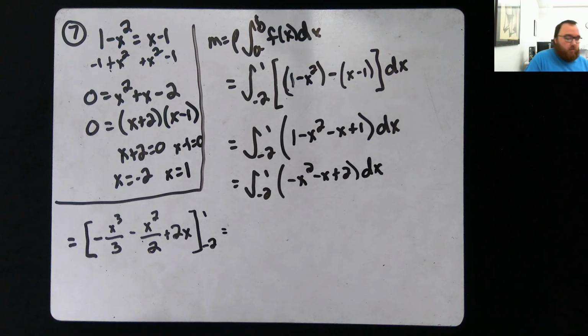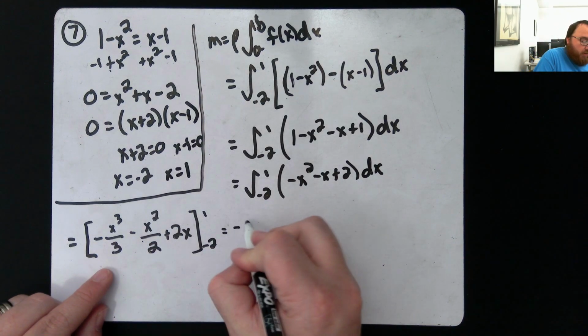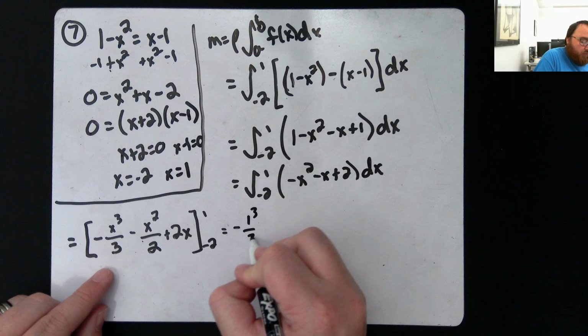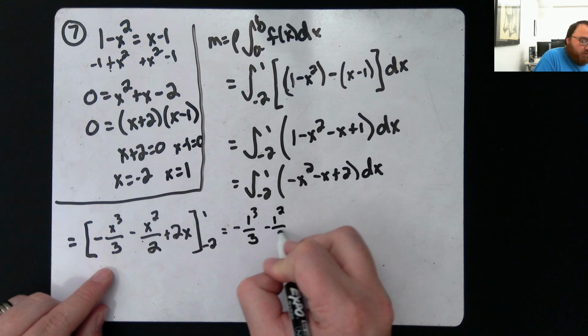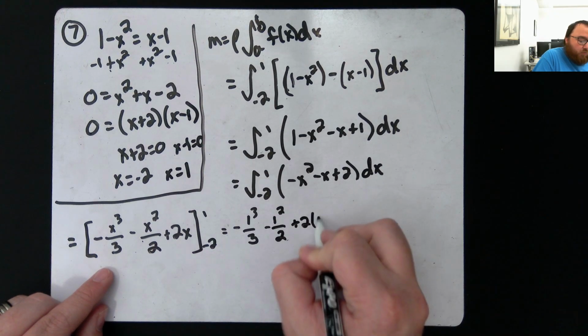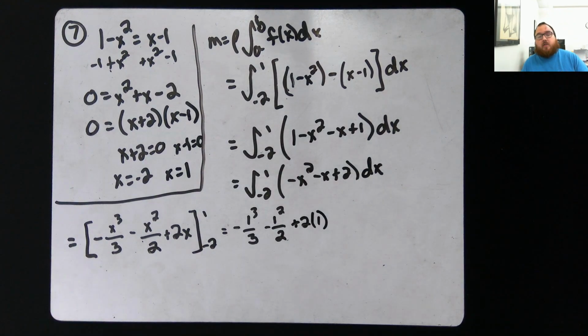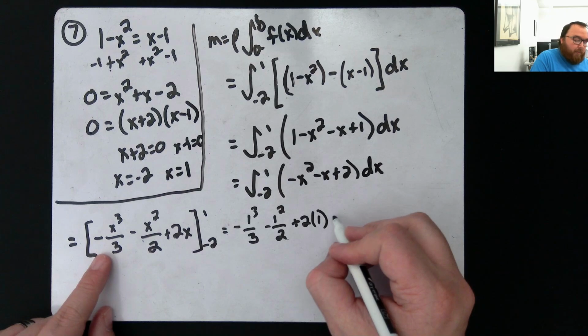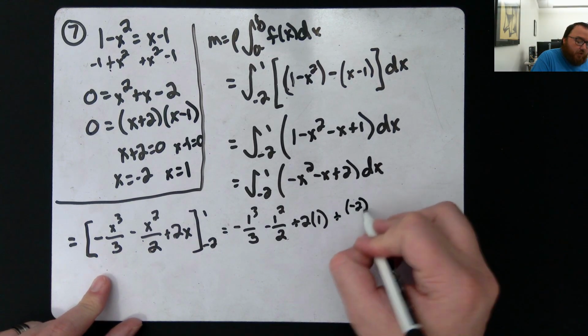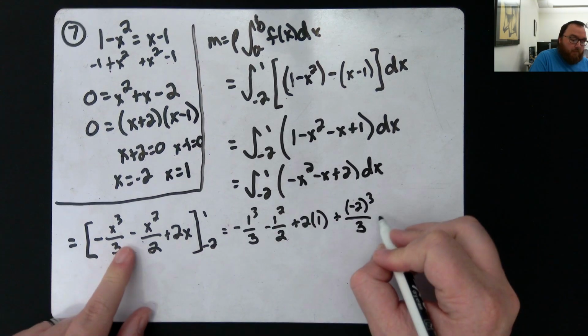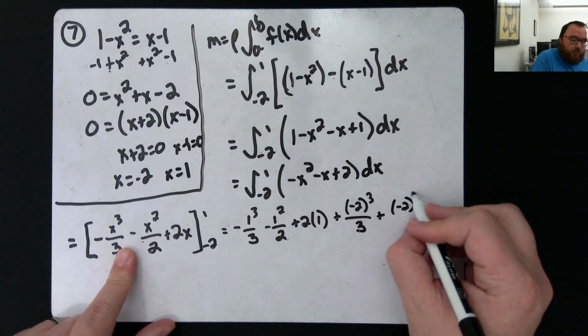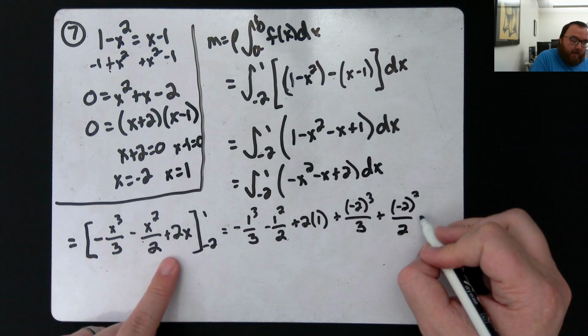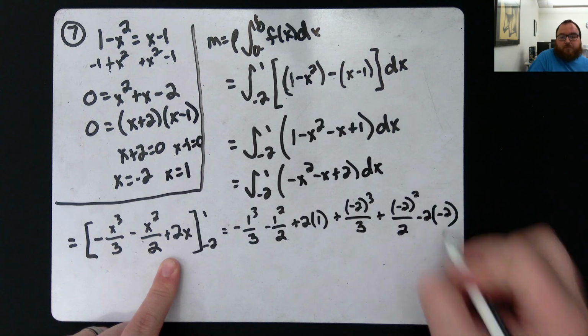Plug in my top bound first, so plug in a 1. -1 cubed over 3 minus 1 squared over 2 plus 2 times 1. And then subtract, plug in the -2. So this would make that plus -2 cubed over 3 plus -2 squared over 2 minus 2 times the -2.